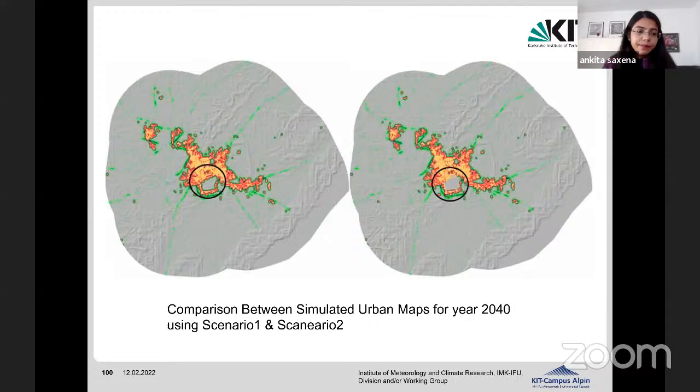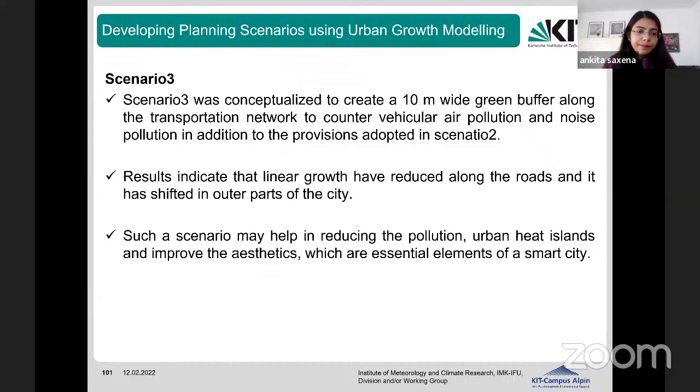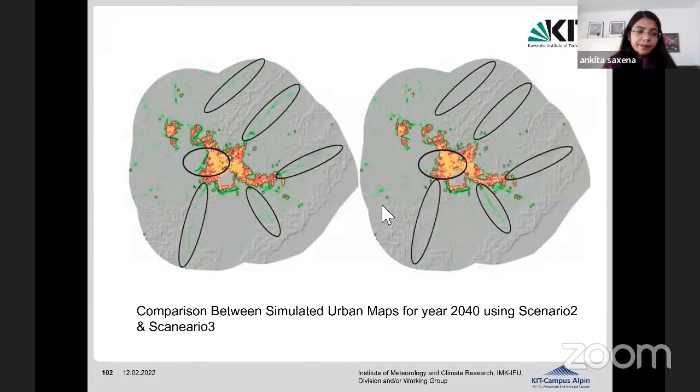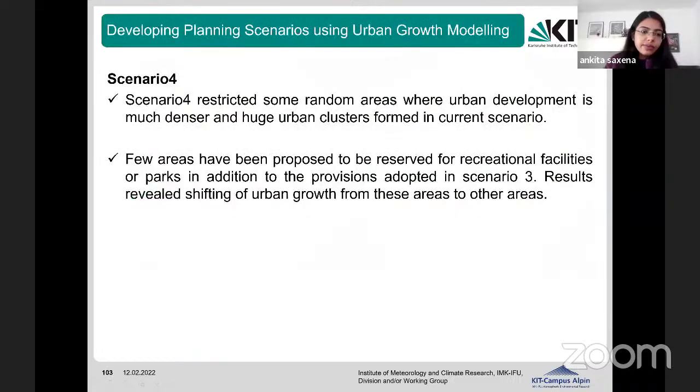In another scenario, we tried to create some green buffers, and we can see that urbanization, which was part of the rocky terrain, shifted in another direction. This is how we can test urban growth in different scenarios, and we can prospect different policies, to see how they are going to affect our future.